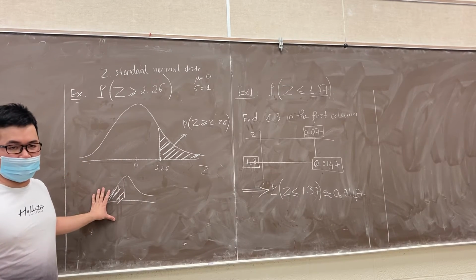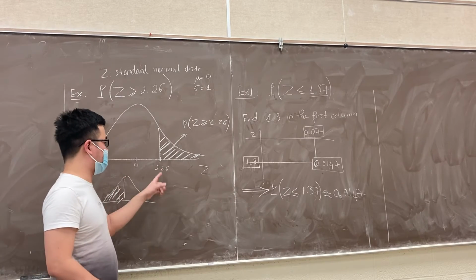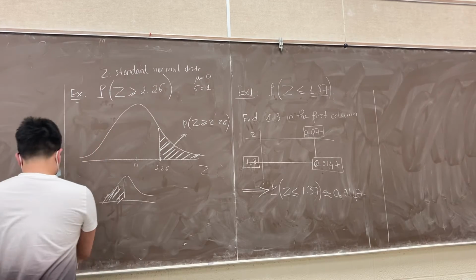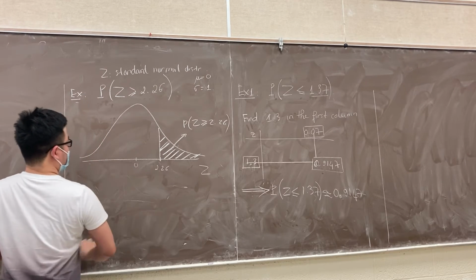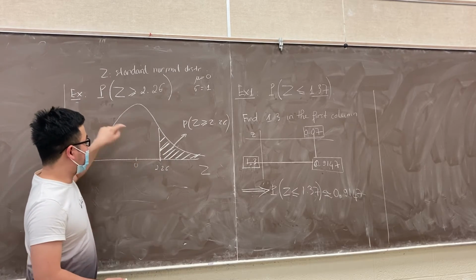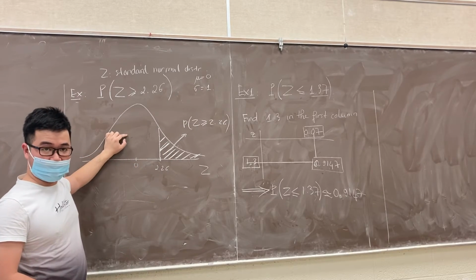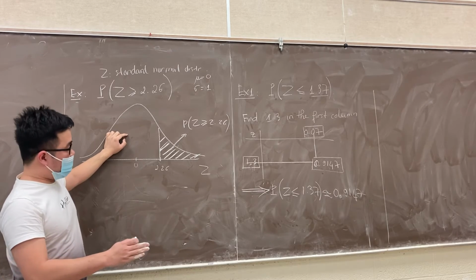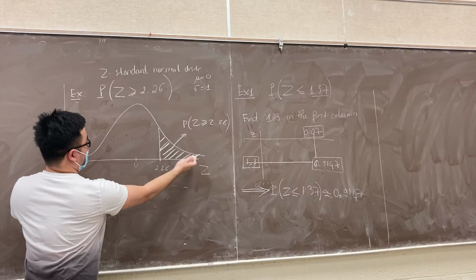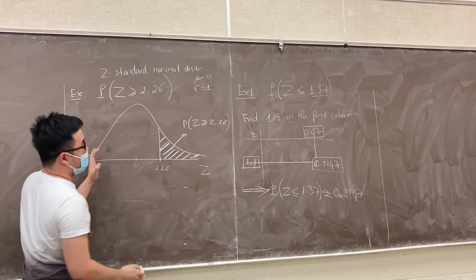So you cannot use the table to find the area of this guy. So to do that, to calculate the area of this guy, we can calculate the area of this region first, and after that we will use the property here: the area of the whole set is 1, right?